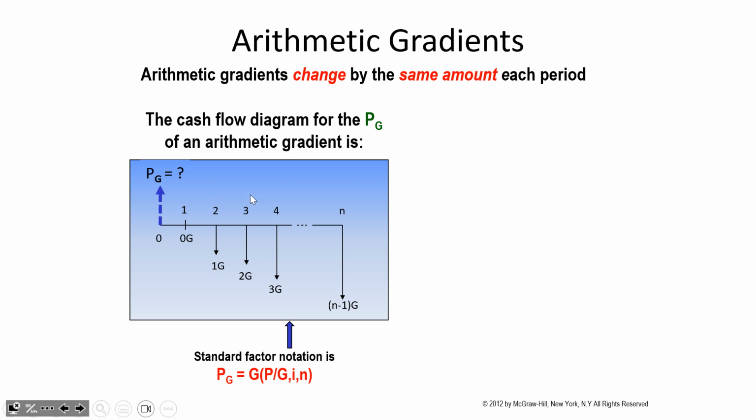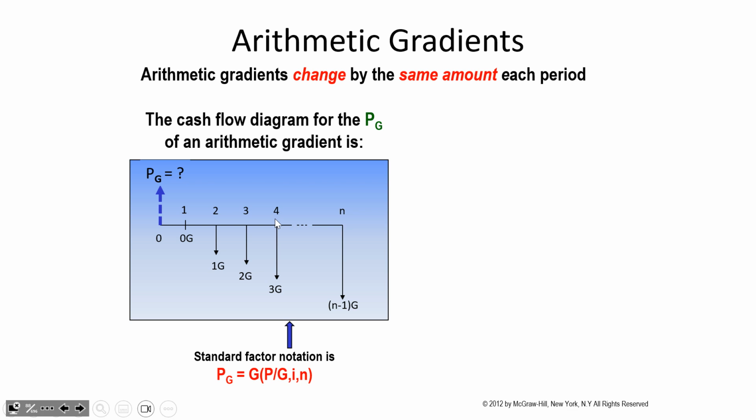Oh, by the way, I got a good question during my office hours earlier this week. See this little break in the cash flow diagram? So it's year 1, year 2, year 3, year 4. If you have a really long cash flow diagram, let's say 60 years, you can brute force it and write all 60 years out. But if it's the same, maybe you could say, okay, here's year 1, 2, 3, 4, 5, and then we'll just put a gap.